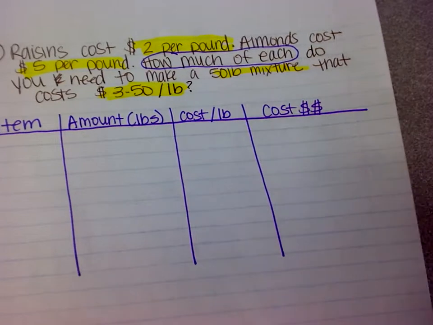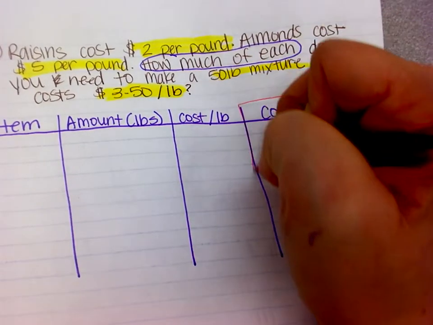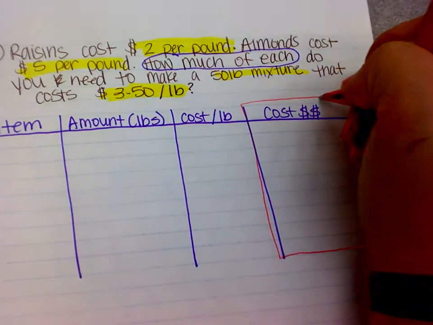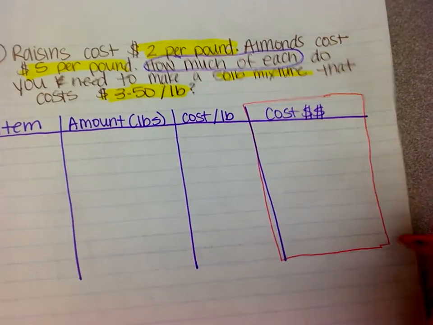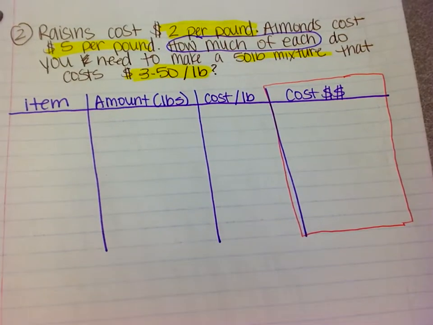Now remember, Ms. Gopreck likes to box this last column, so I remember that's what I'm using in my equation. You can always put a box around that last column, so you remember, okay?